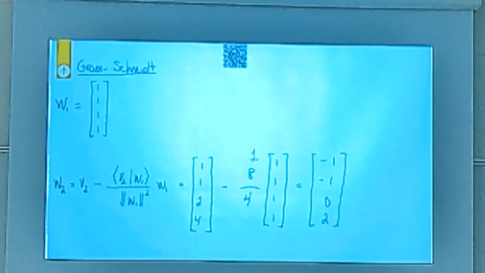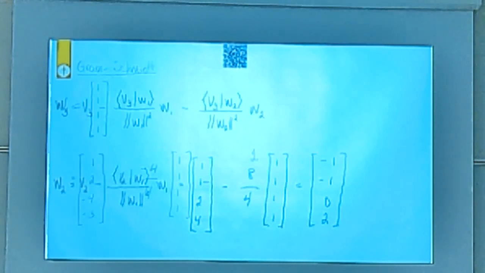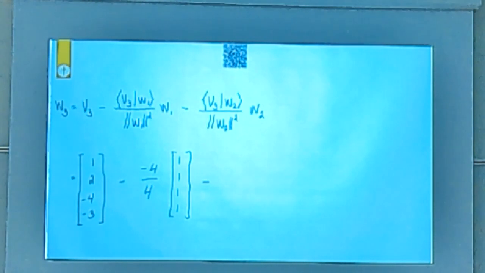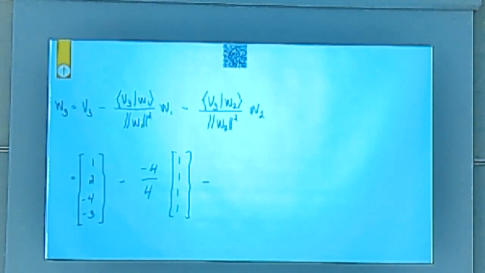One times negative 1 is negative 1, plus 2 times negative 1 is negative 3, plus 0 is still negative 3, plus 2 times negative 3, so it's just negative 3. Negative 2.